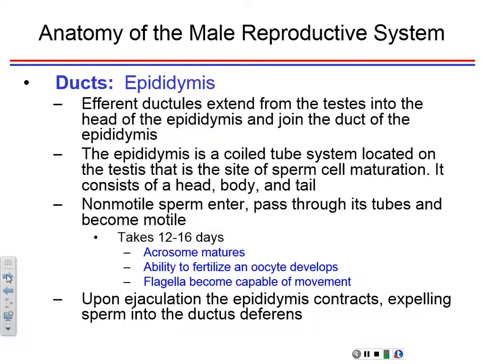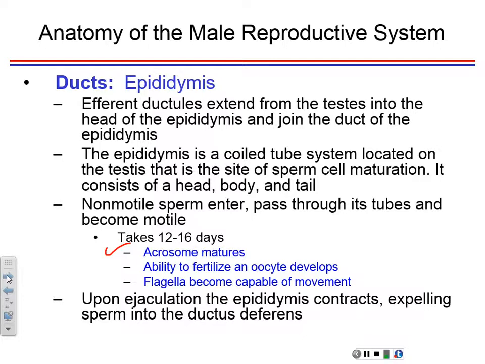They gain motility, and they become competent so that they can actually go through the egg. You see, the acrosome matures. Without the acrosome, you've got no enzymes to go through the walls of the egg cell. So you need that. This is where it all happens.